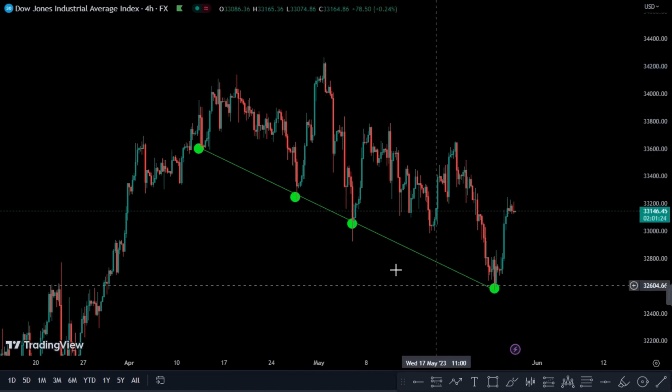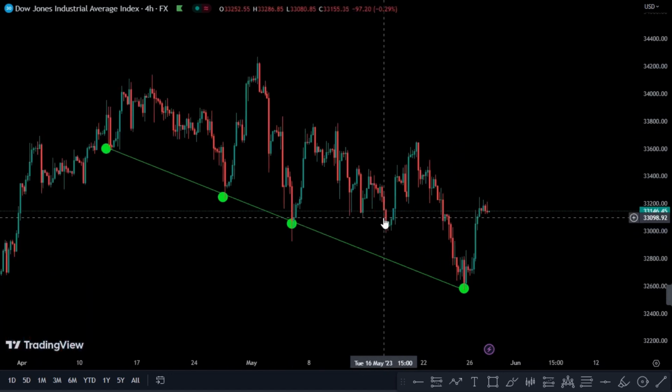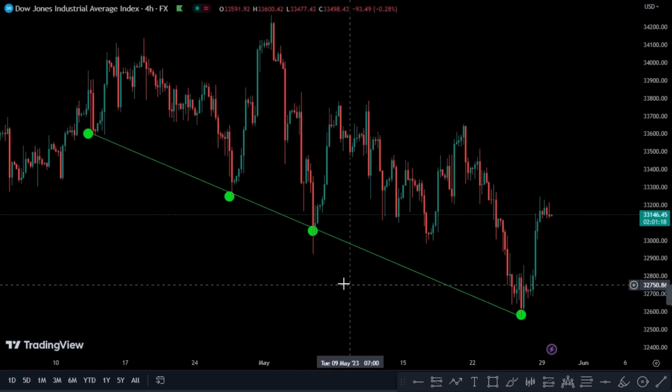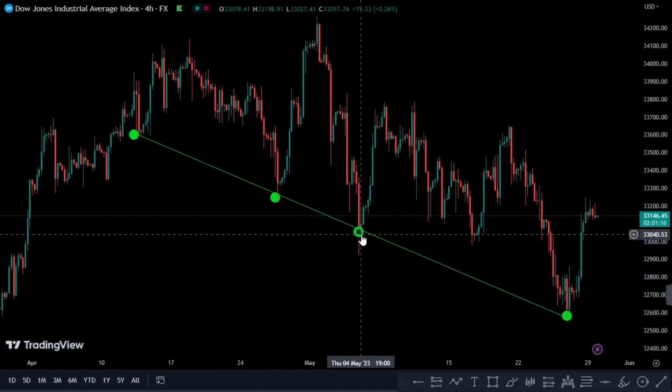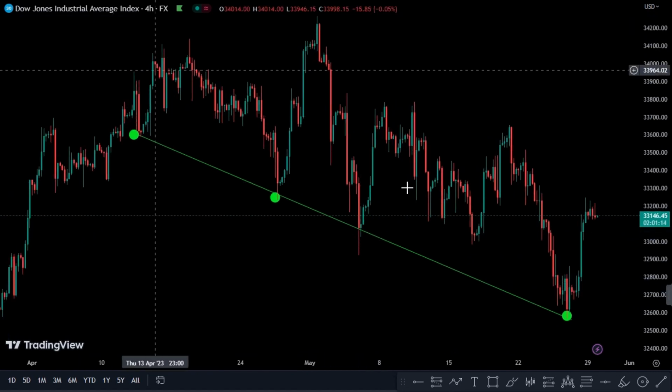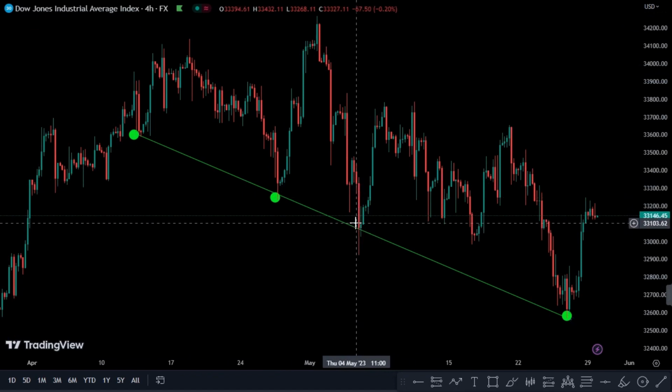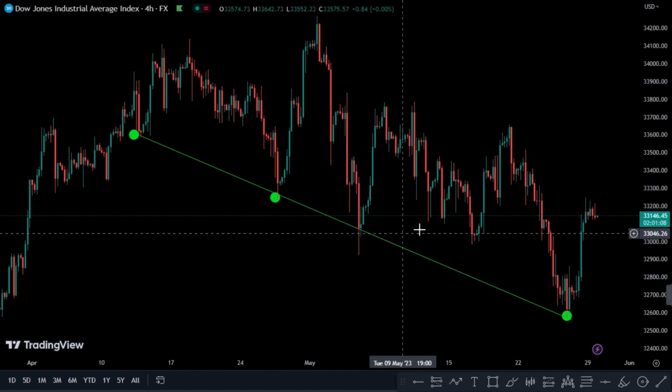Okay, so now we would wait. As I said, we wait for proper price action before we jump into the trade. Let me just remove this one so you can see clearly. As you see, we have a very huge bearish candlestick approaching this structure, which is our support structure.